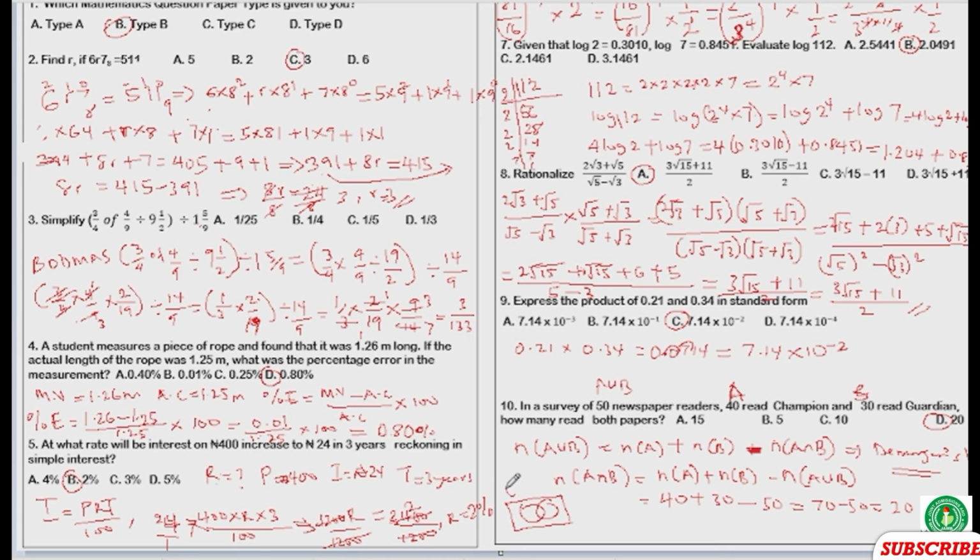My universal set is 50. I'm having 40 here and 30 here, and naming this one X. So not to waste most of our time, just use De Morgan's rule directly. So that's that about that one.